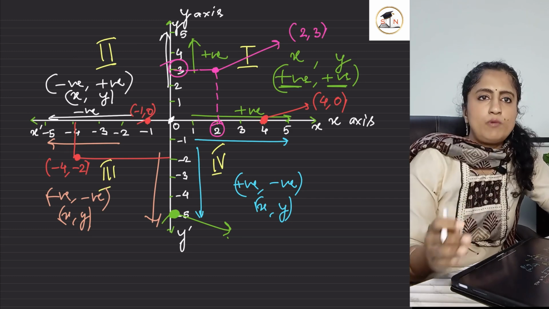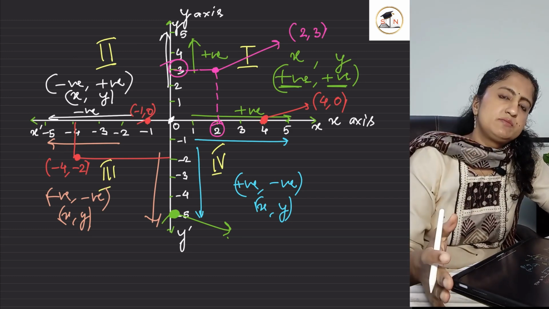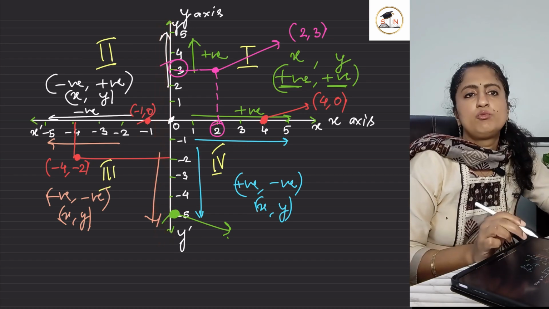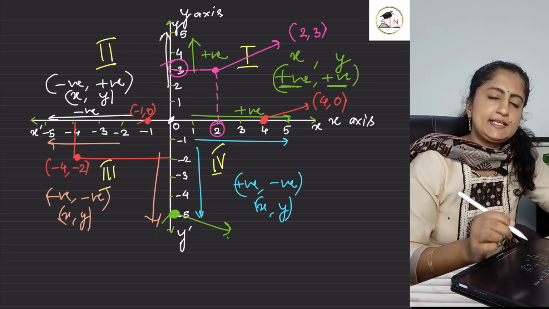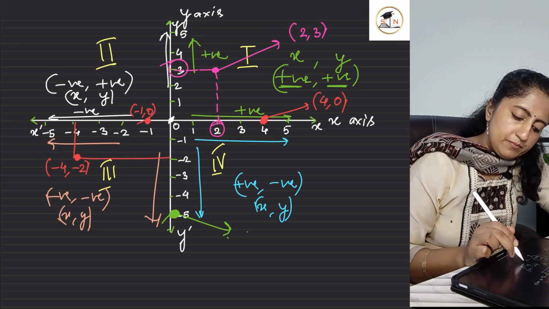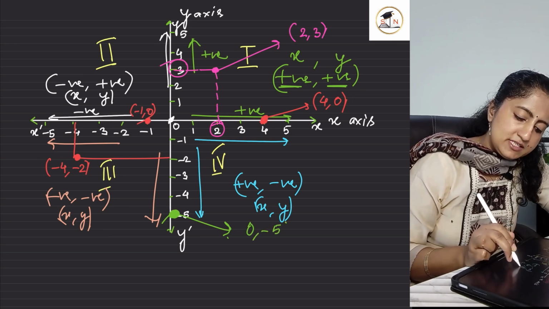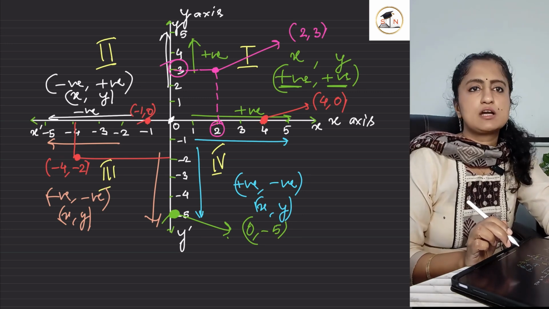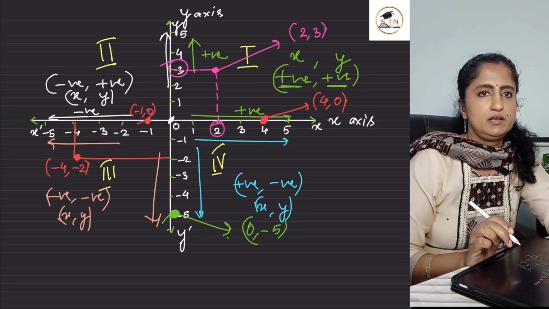We are talking about the y-axis, right? So y-axis means x is 0 anywhere on the y-axis. Okay. So when x is 0, the coordinate will become 0, -5. And whenever we have x as 0, that means it is actually on the y-axis, right?